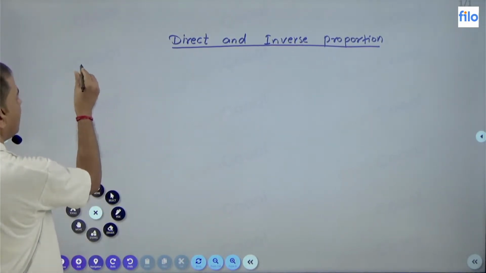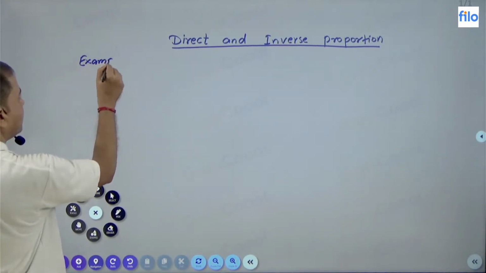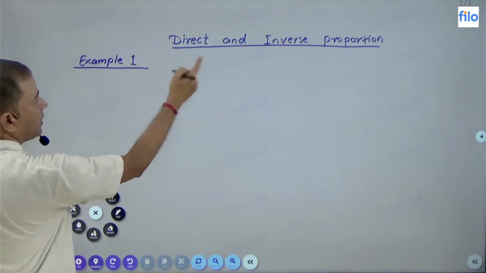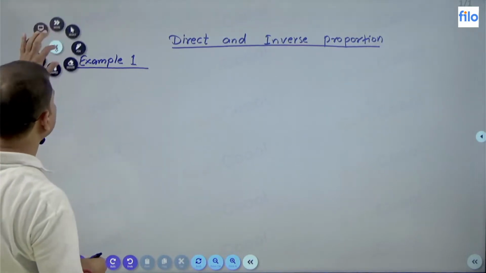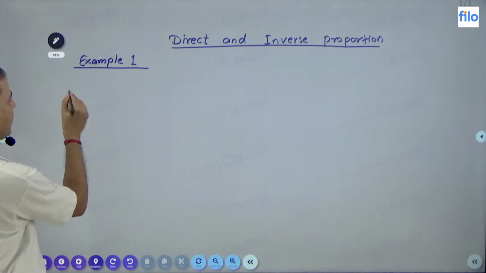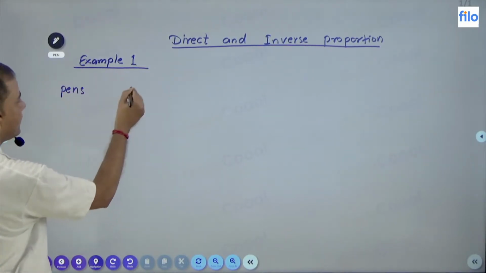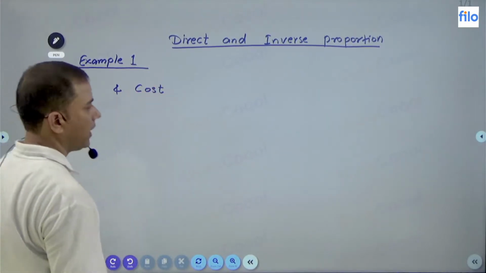Let us take an example. Example 1. I will explain this with the help of an example. Think pens and cost.